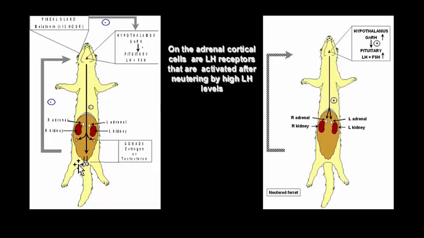But when you remove the gonads, whether it is the testes from the males or the ovaries from the females, you don't get that push of estrogen or testosterone in response to LH to shut down the pituitary. So it keeps secreting more and more luteinizing hormone, waiting for that message of steroids that will never come.